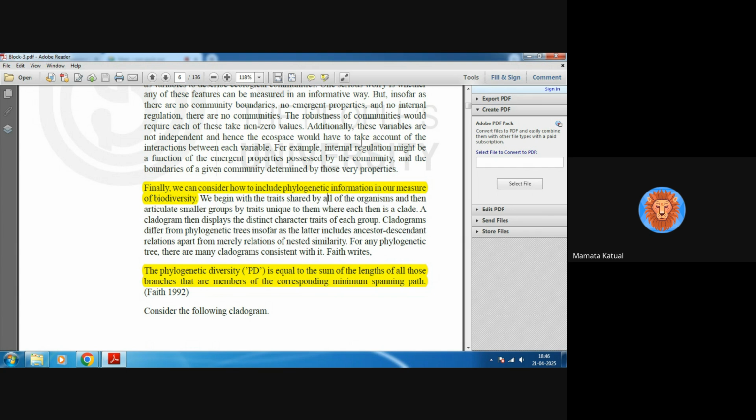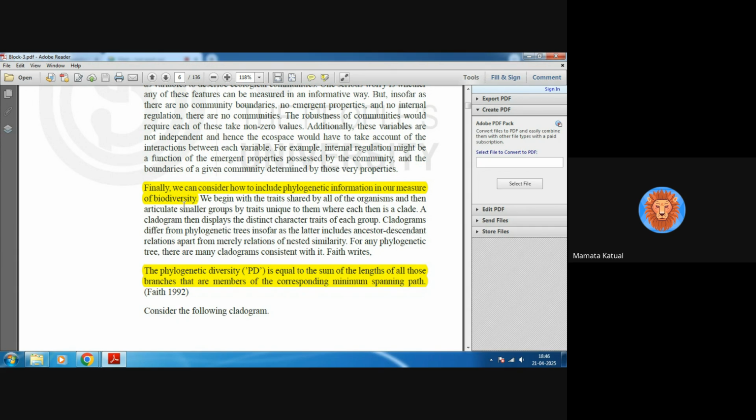A clade is a group of organisms that share some characters which are common and unique, and these characters are not shared by other organisms. So they form a clade. So we'll find different clades, and we have to find out the relationship between different clades.